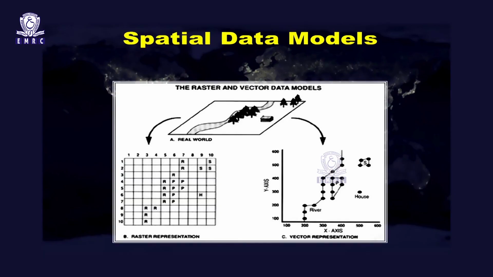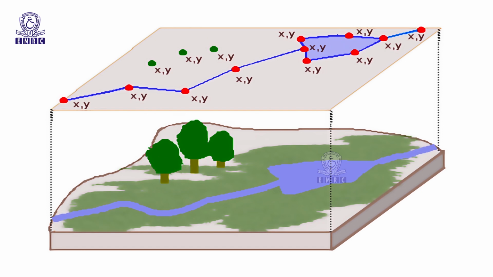The data attributes of these features are then stored in a separate database management system. The spatial information and attribute information for these models are linked via a simple identification number that is given to each feature in a map.